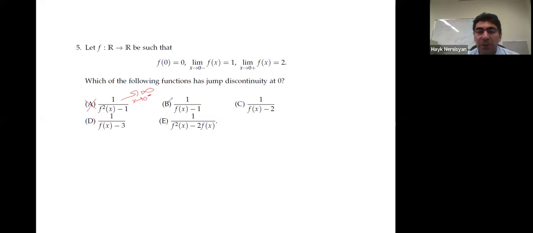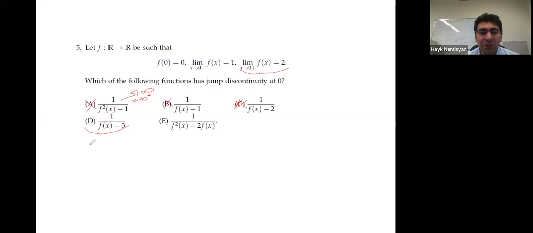So drop this one. The same with B. When x goes to 1, we have 1 over 0, infinity. It has essential discontinuity. C also is not possible because of this part. The limit from the right side is 1 over 0. This is an interesting one.